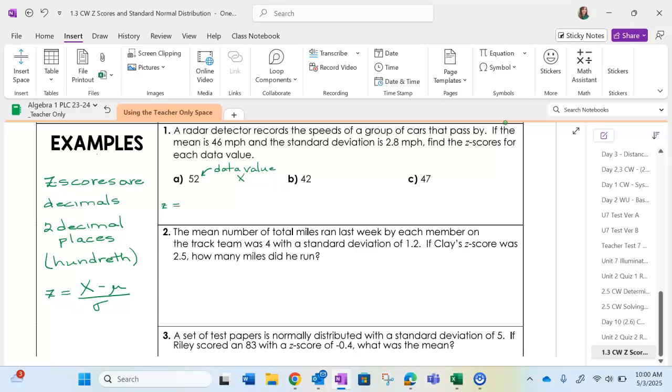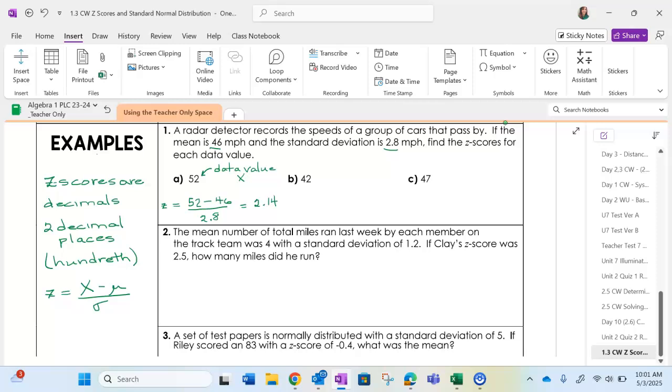So z equals x, which is 52, minus your mean of 46, divided by your standard deviation of 2.8. Put that in your calculator, and you get 2.14. Okay, that's your z-score, 2.14. That means it is a little bit bigger than 2 standard deviations from the mean on the positive side.